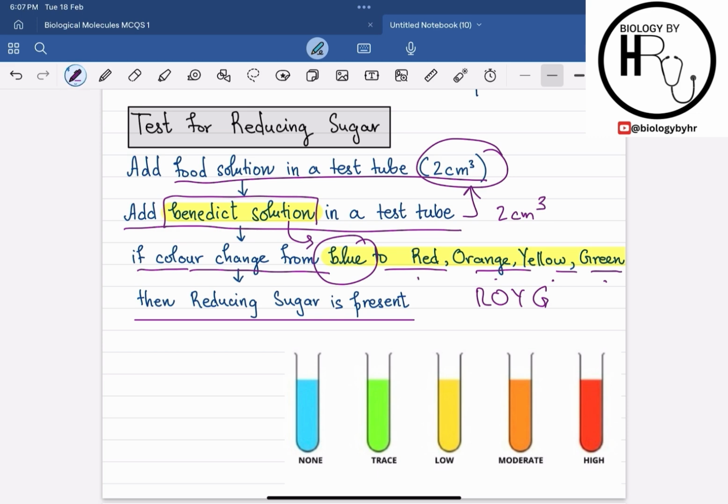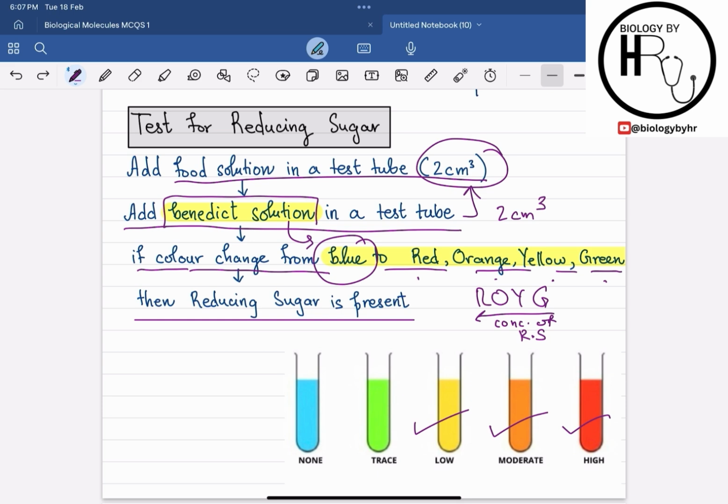The color depends upon the concentration of the reducing sugar. If the concentration is very high, the color will be red. If it's moderate, it will be orange. If it's low, it would be yellow, and if it's just a trace quantity, it will be green.